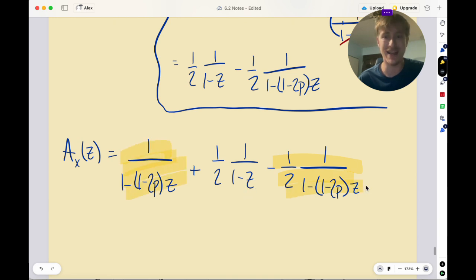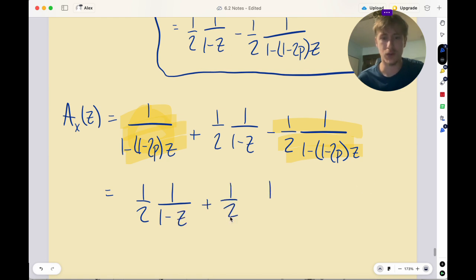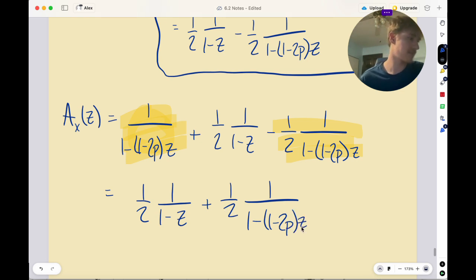We have a 1 times this minus 1/2 times this, and we get positive 1/2 times this. So the generating function is 1/2 times 1 over 1 minus c plus 1/2 times 1 over 1 minus 2pz. Okay, that is the generating function of the random variable.